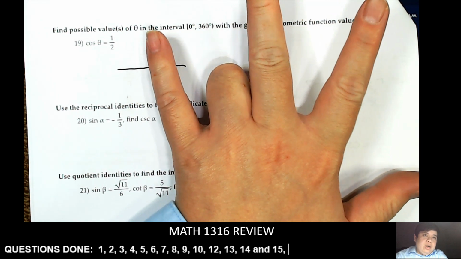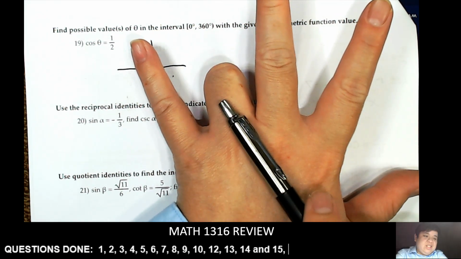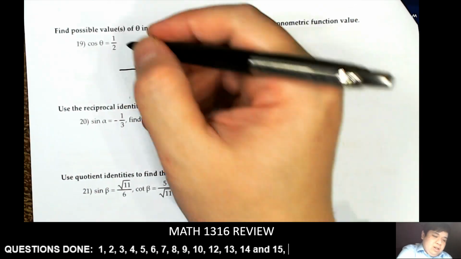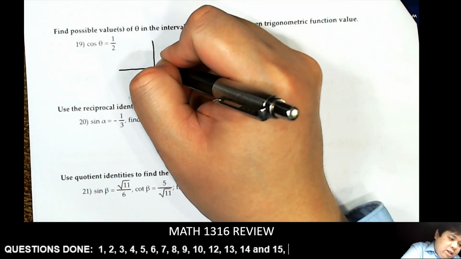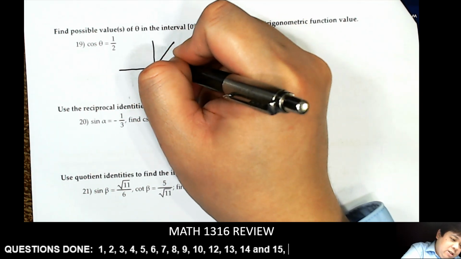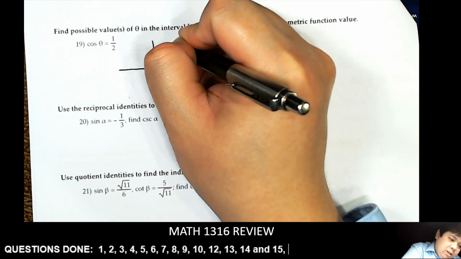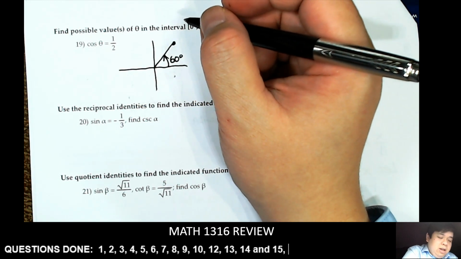We only have one finger on the left, so that will be 60 degrees. This one gives us cosine equal to 1/2.